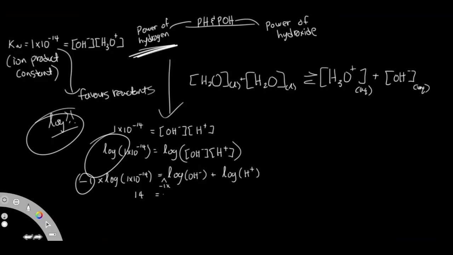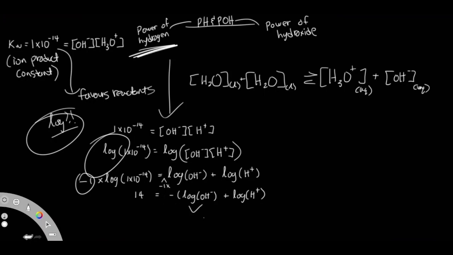So what you end up getting is 14 is equal to not just log, but a negative log of your OH minus, and then a negative log as well for your H plus. Because this negative gives you a negative log OH, and then this negative gives you another negative log H plus.